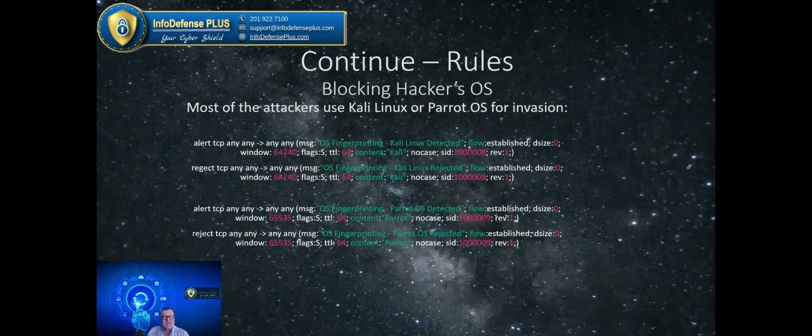So the rule which starts with alert, for example, the first rule, will detect the Kali Linux operating system and block access from that operating system to your laptop. If you configured intrusion prevention mode, then you should use a reject rule, which will drop all the connections to the Kali machine. And the same applies, as you can see below, for the Parrot operating system.